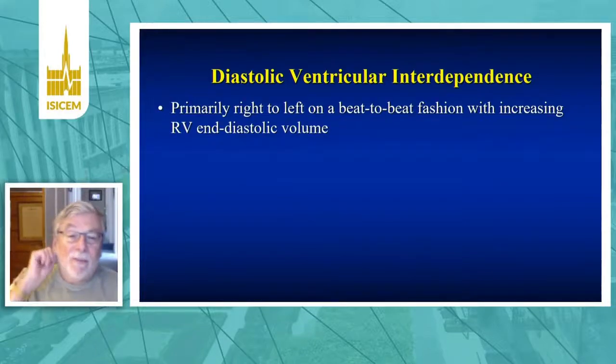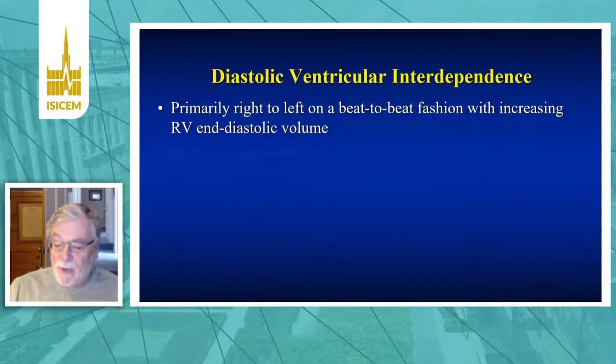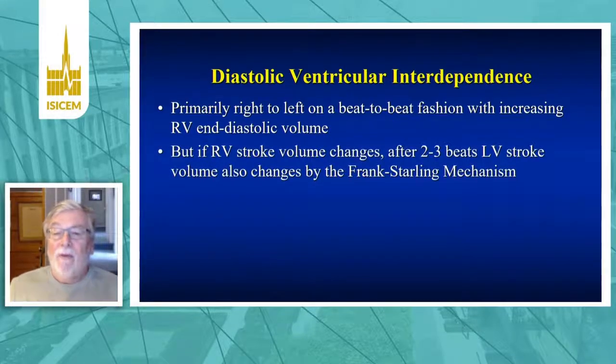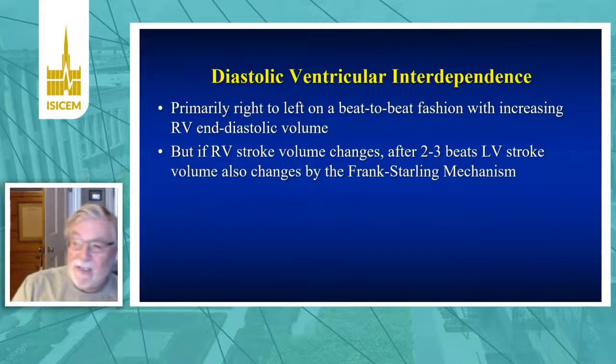Diastolic ventricular dependence is primarily from the right to the left on a beat-to-beat fashion because the major changes in diastolic volume during ventilation occur with the right ventricle because venous return can vary widely. But if right ventricular stroke volume changes, after a couple of beats left ventricular stroke volume must change by the Frank-Starling mechanism as well, but that's a series reaction.